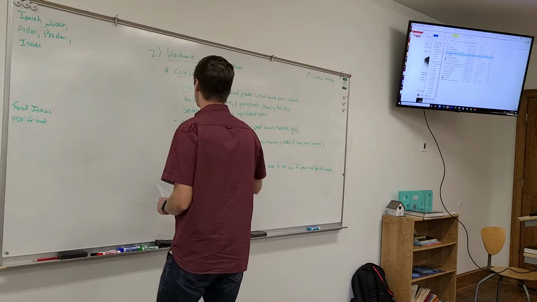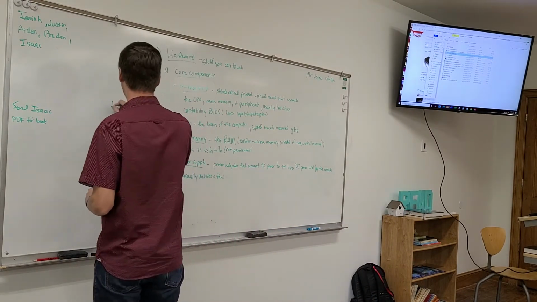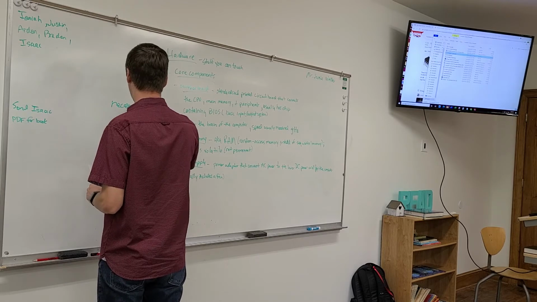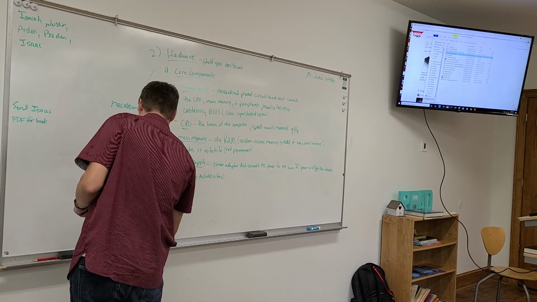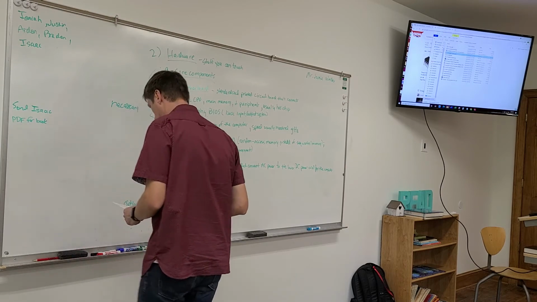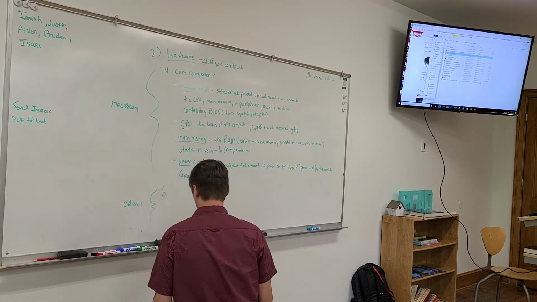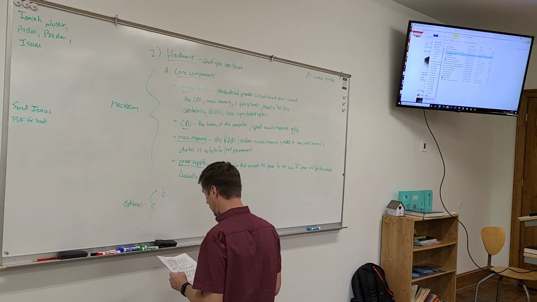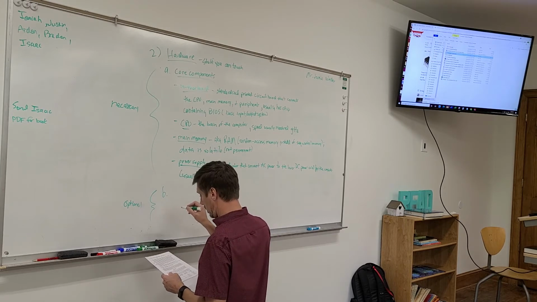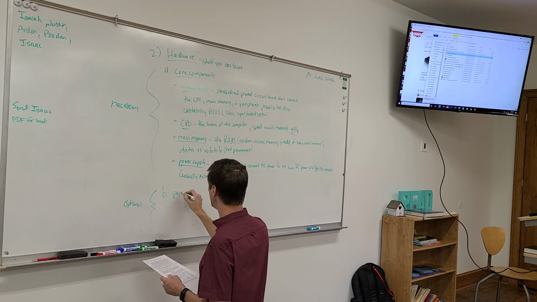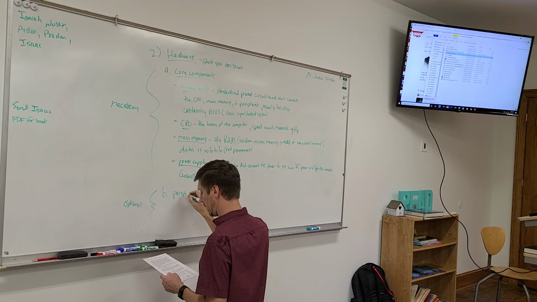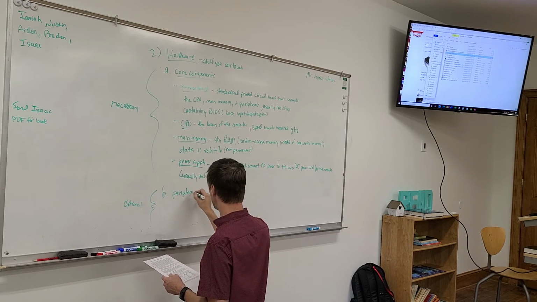So these are necessary, and these are optional. As far as a computer goes, for the basic function of the computer, for it to do its job, everything else is optional. Now, I understand, depending on what you're doing with your computer, a particular peripheral may be essential to what you're doing.